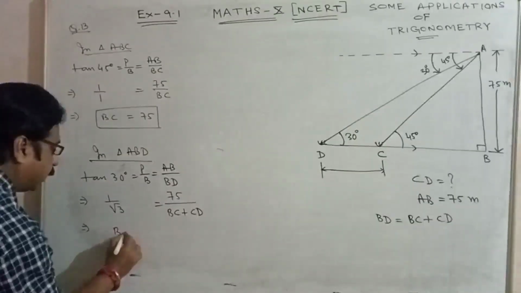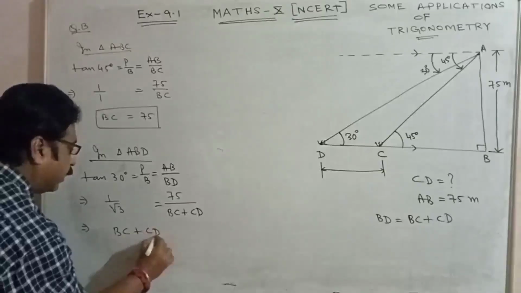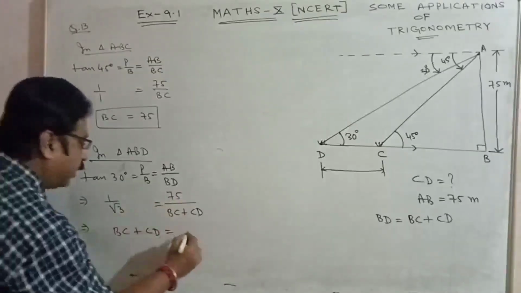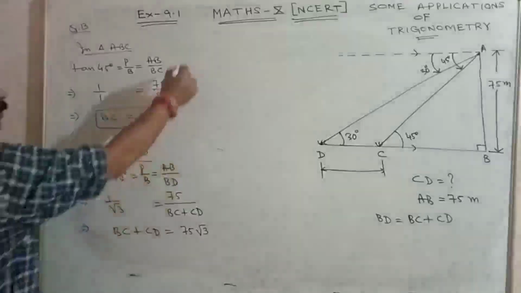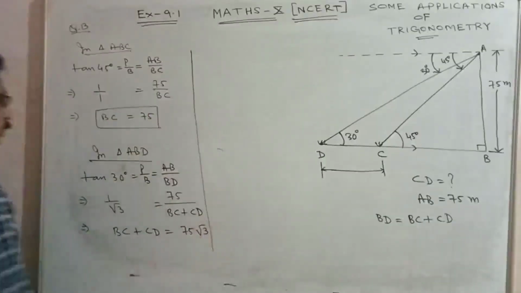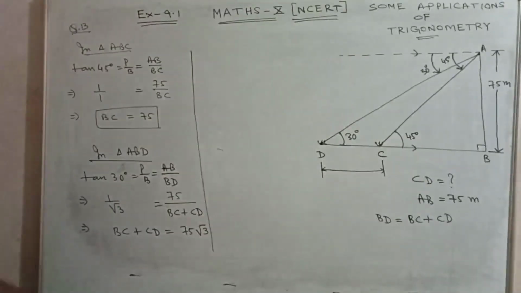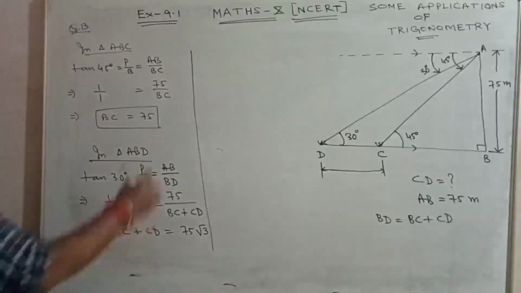Now BC plus CD equals to, cross multiplication, 75 root 3. BC we got already 75.